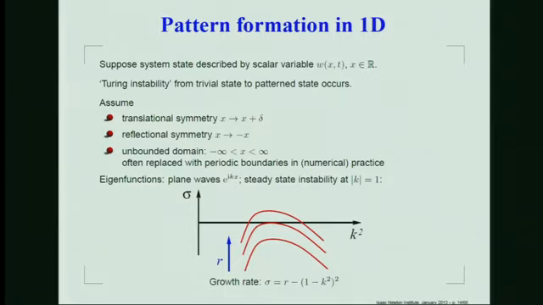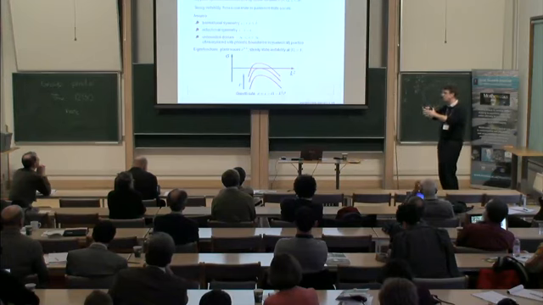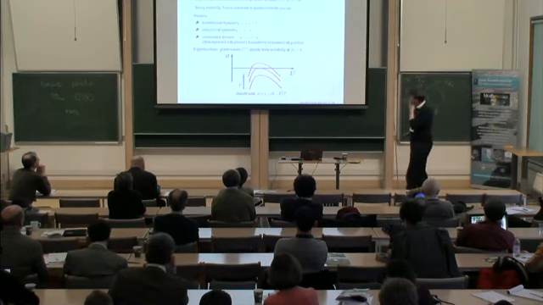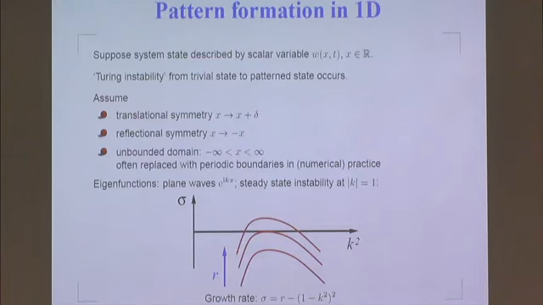And I'm going to think about having an unbounded domain, or at least a domain that is very large compared to the structures that I'm interested in. Often numerical work replaces this with periodic boundaries. And then I'm considering an instability of that uniform initial state, which will be w equals 0, where I have a parabolic maximum in this curve of growth rate against disturbance wave number.